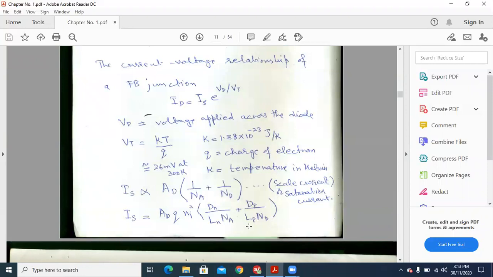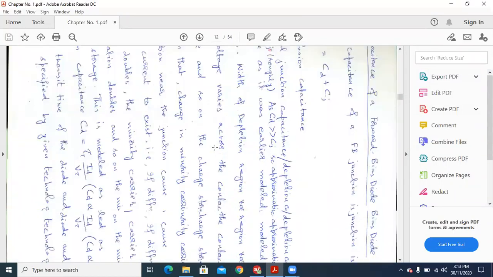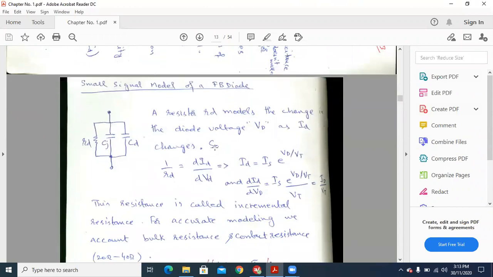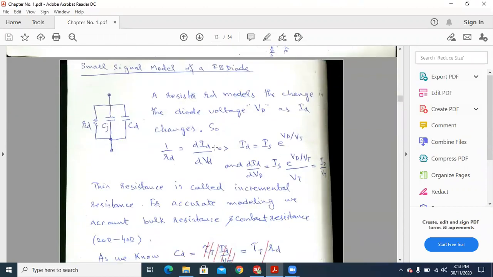So IS is in fact the scale current, and ID is in fact the diffusion current, and VD is the forward bias voltage applied across the diode. So this is about the capacitance.